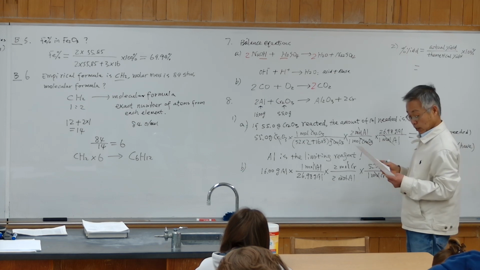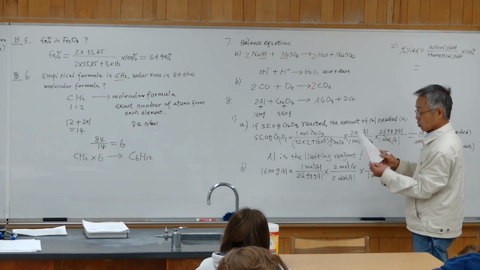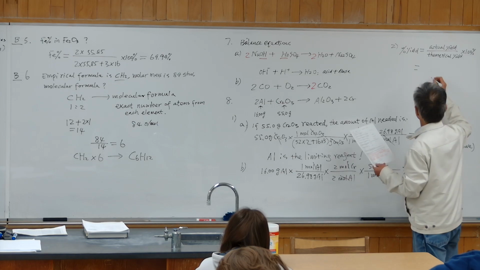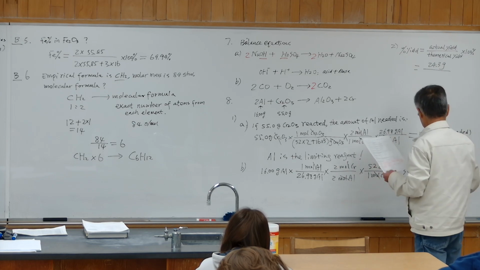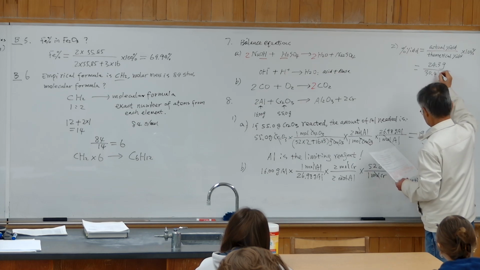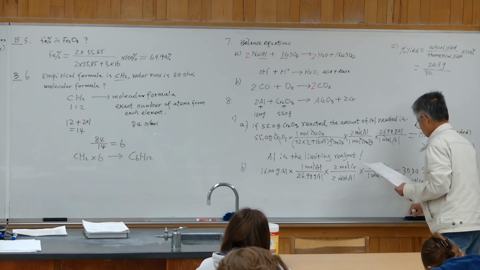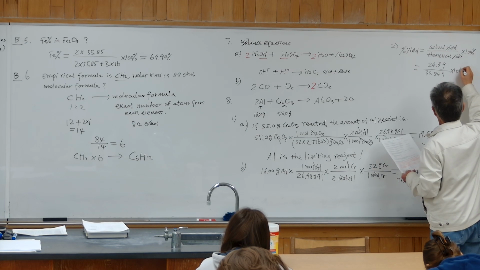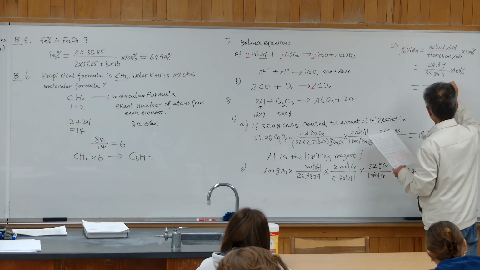You cannot do any calculation like here. 24.3 gram of chromium is actually produced. That is actual yield. So 24.3 gram. Theoretical yield we just calculated is 30.84. This gives 78.8%.